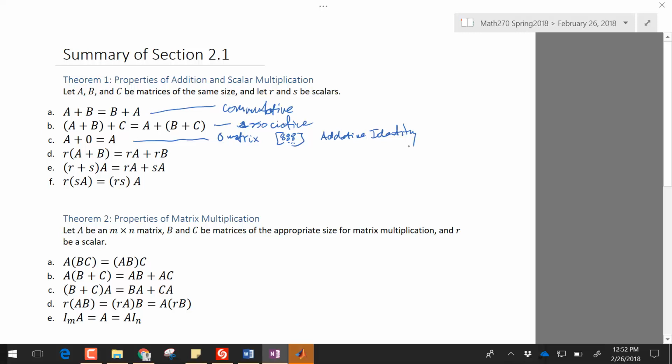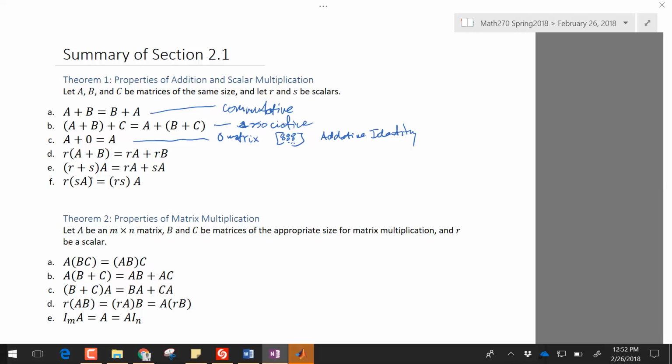And then we have a couple of distribution laws for scalar multiplication. Whenever you start involving addition and multiplication, we try to search for these distribution laws. There is a law where you can distribute a scalar over a couple of matrices, and a law where you can distribute a matrix over a couple of scalars.